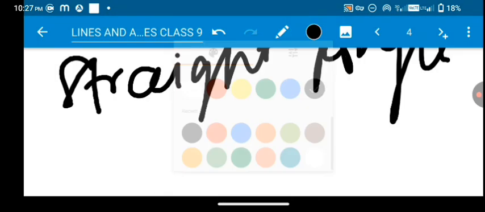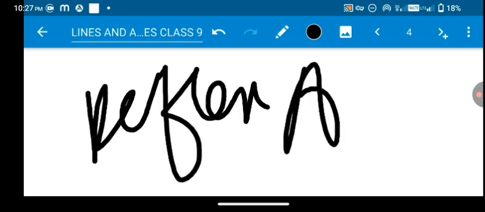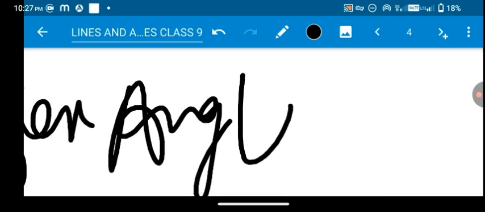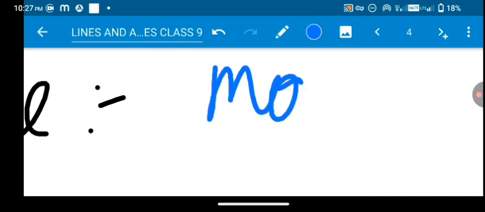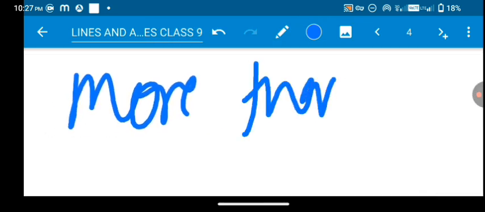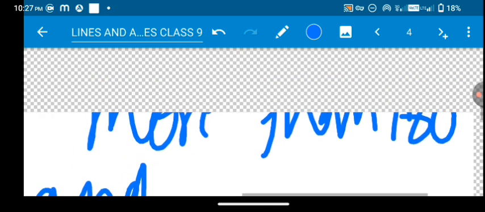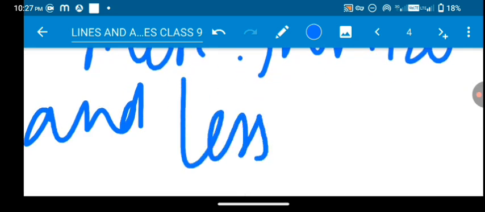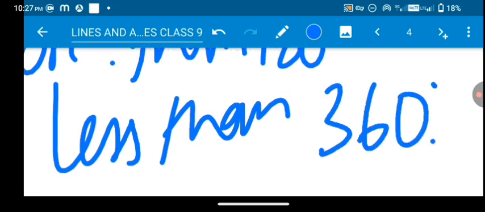After that, reflex angle: more than 180 degree and less than 360 degree.